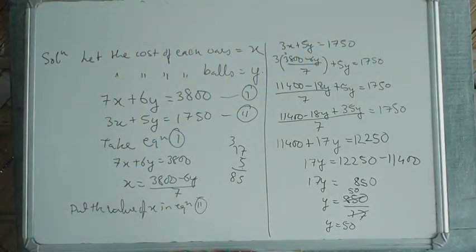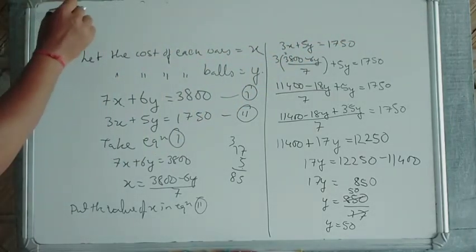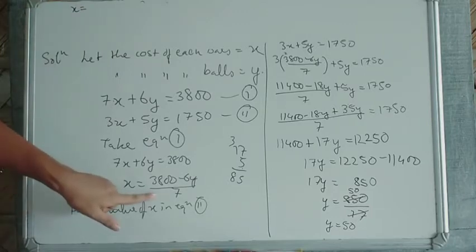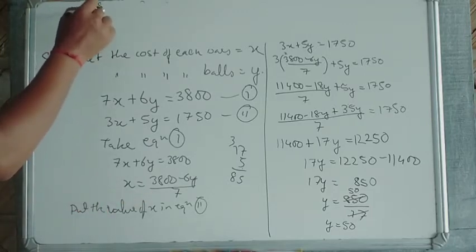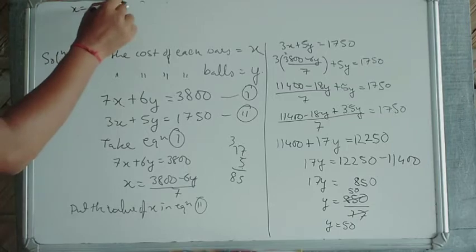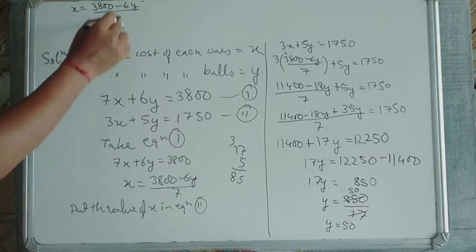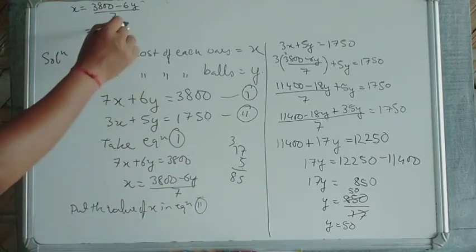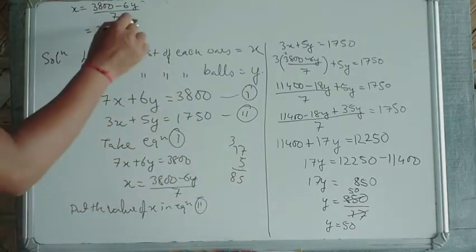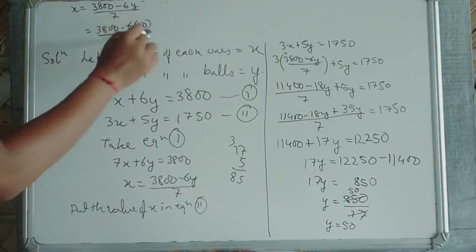So I'll write here, x will be equal to, what is your x we got from the equation here? 3800 minus 6y by 7. Now 3800 minus 6 into 50, okay, y is your 50, by 7.